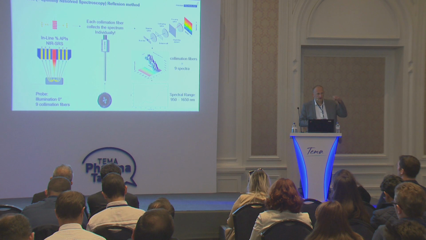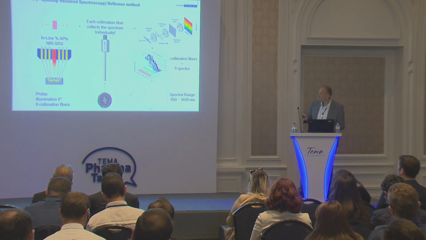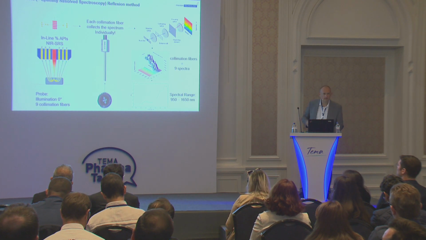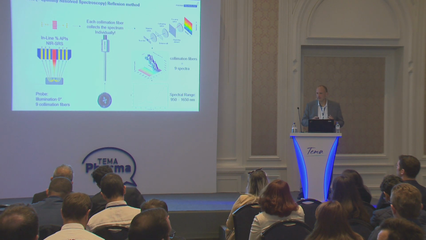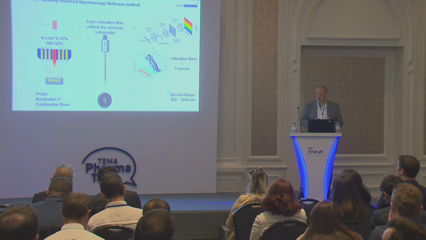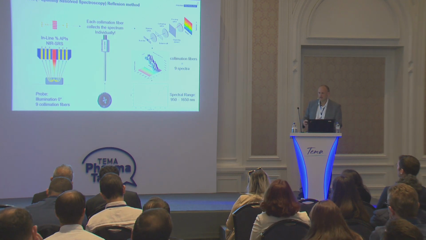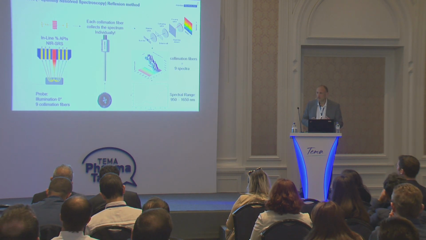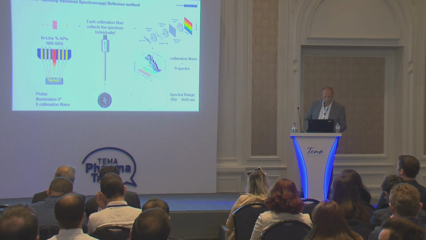That means if I apply just one image, I have already collected 9 completely independent NIR spectra. And you also see that the travel distance of the light to these different collimation fibers is different. That means we collect a lot of variation of the tablet, which we need for the model creation. If I compare this to traditional NIR, it gives us much more information, and this means we can usually increase our accuracy. Okay?